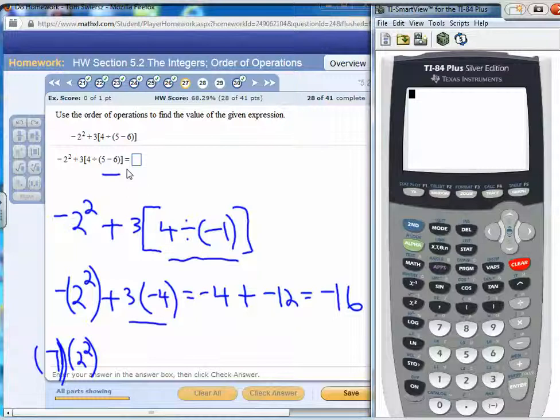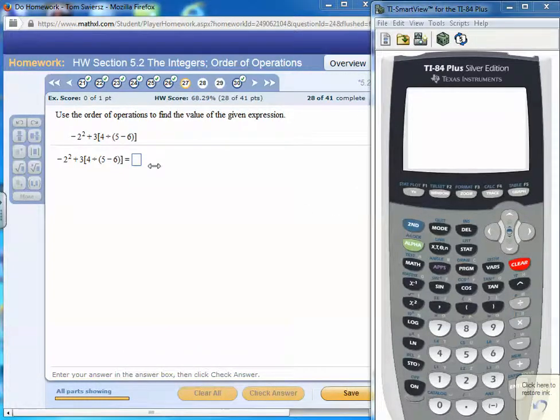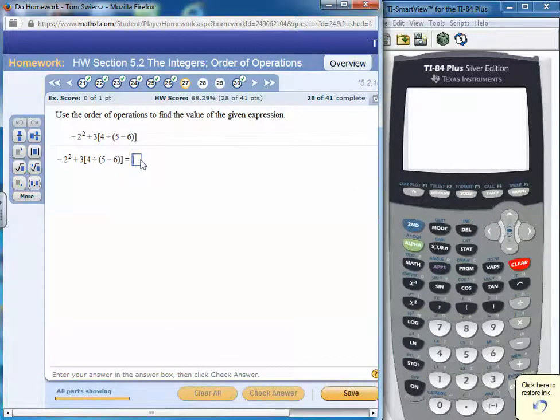Let's go ahead and put that in to verify we're correct. So for this one, a negative 16. And again, you can use your calculator.